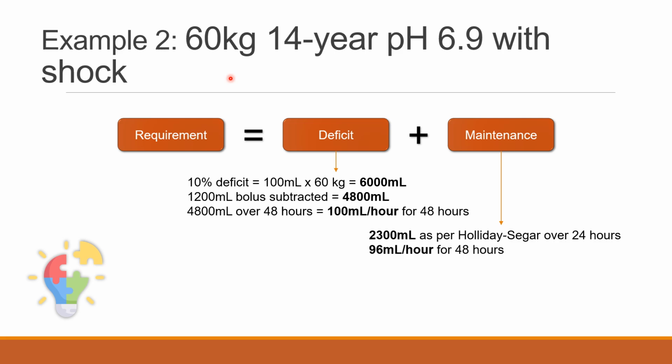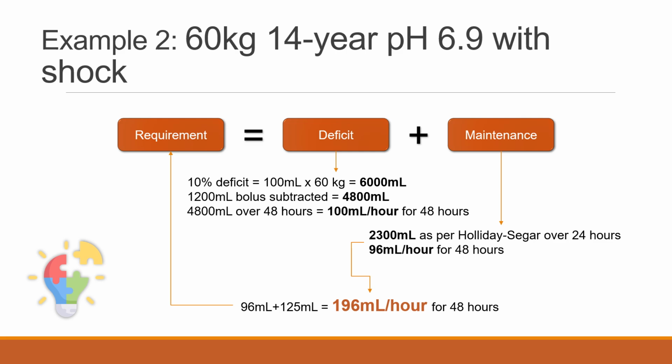So 1500 plus 800 brings to 2300 ml as per the Holliday-Segar formula over 24 hours. The rate is 2300 divided by 24, so it is 96 ml per hour. This 96 ml per hour fluid also has to go for 48 hours, so the total fluid rate will be 96 plus 100, that is 196 ml per hour is the total requirement of the patient.